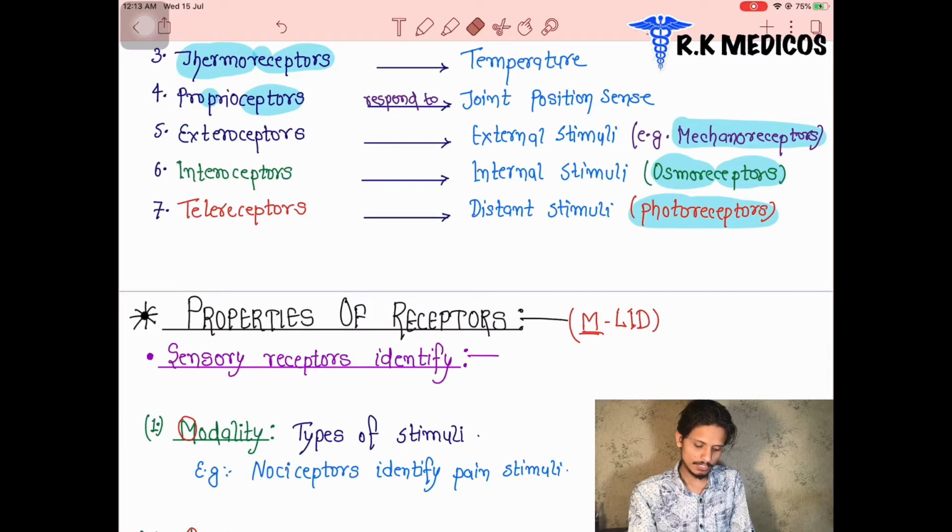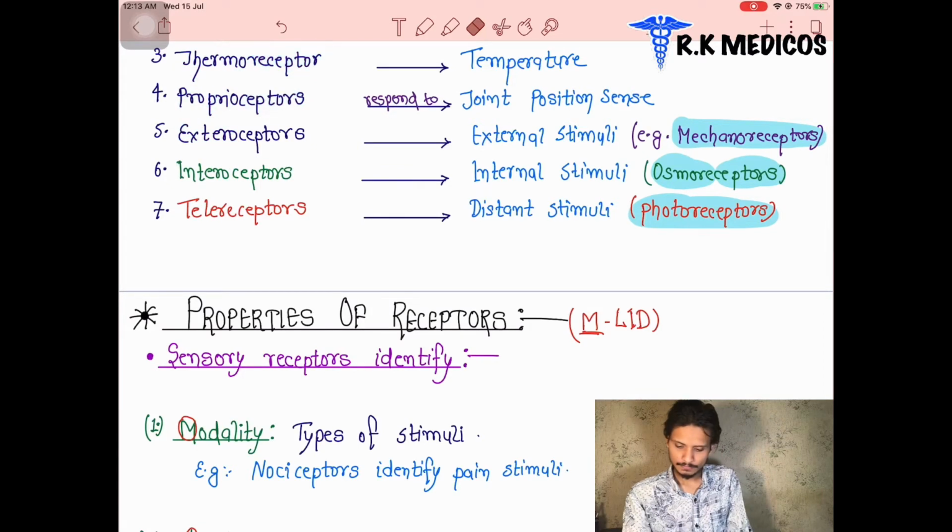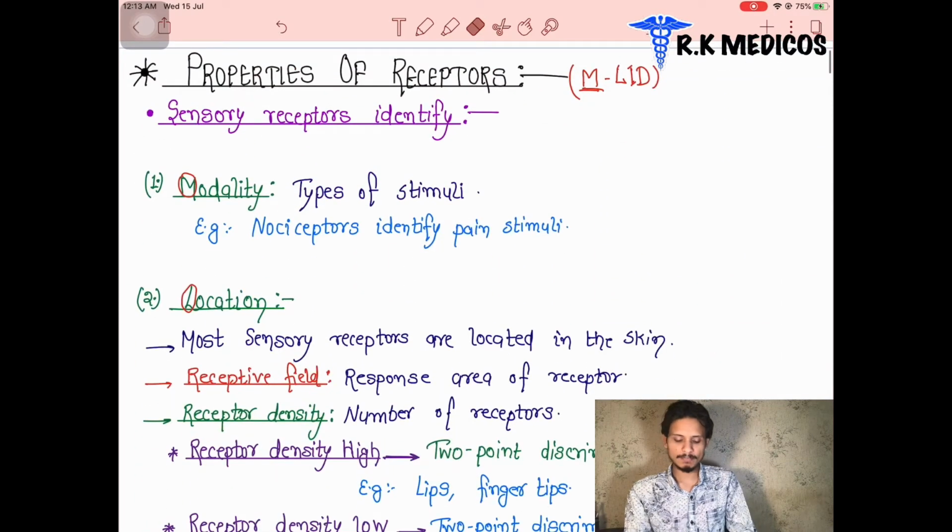It's important. Now we are going to see the properties of receptors, how the receptors are working, and what the main properties of the receptors are. The receptors act somewhere in our body. Suppose the receptors are located on the skin. How many receptors are located in this area?